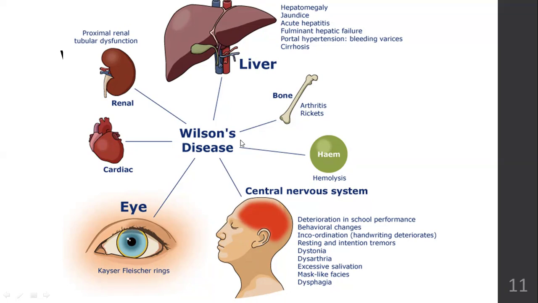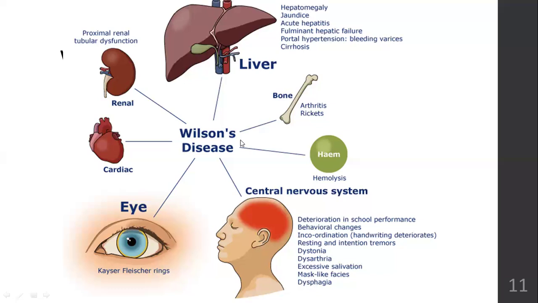Excessive salivation, mask-like faces, which means expressionless faces. Because when the nerve endings in the face that control your expressions get damaged, you will have a stoic expression. Dysphagia, difficulty in swallowing.